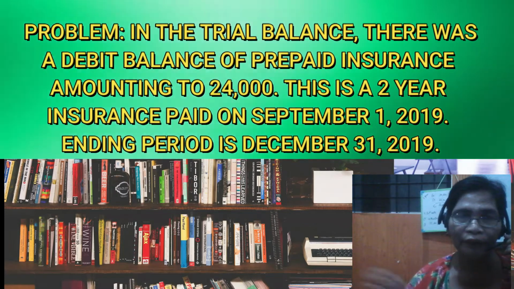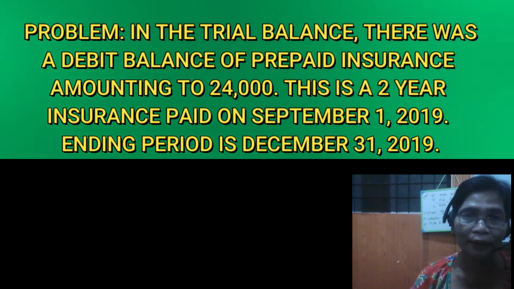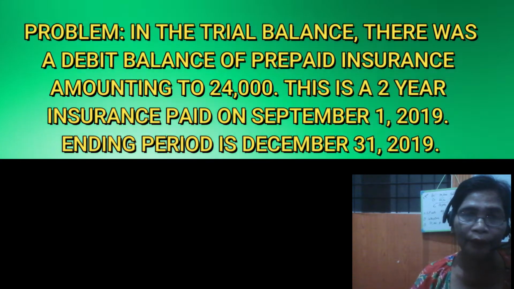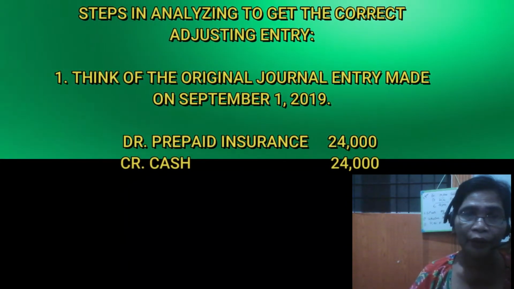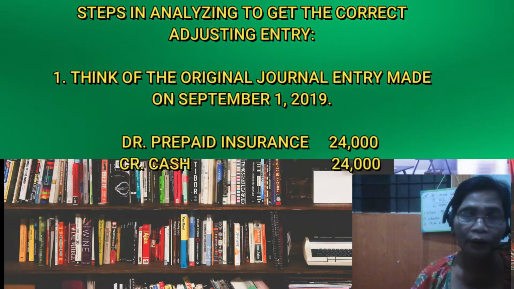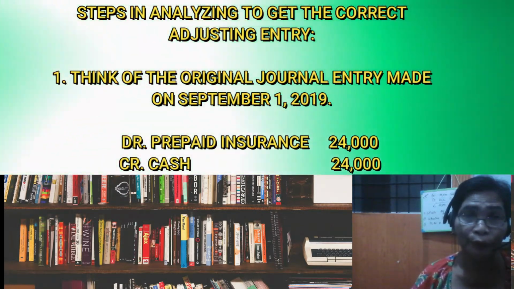So what are the different things that you have to remember or take down before you can create an adjusting entry? The first one is the principal amount, or the amount of the prepayment. You have the term, which in this case is 2 years. 24,000 is the amount for 2 years.